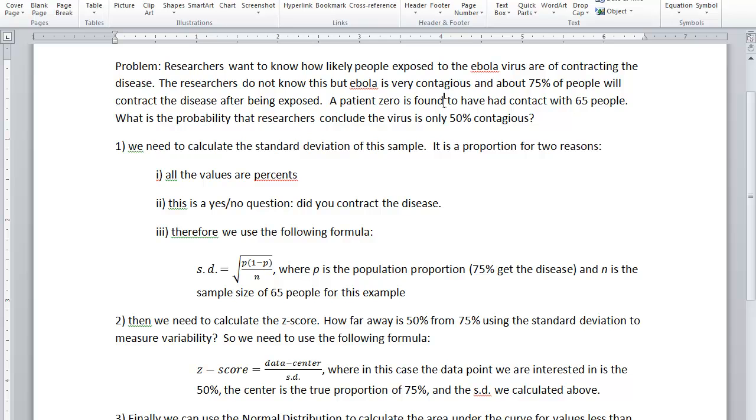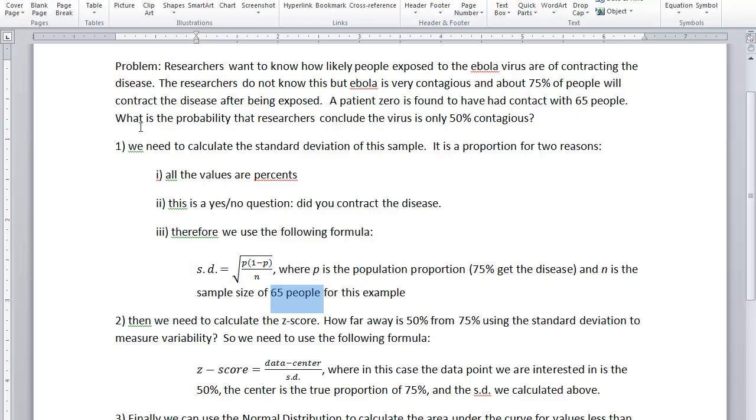And so he is found to have had contact with 65 people. All right, so he contacted some people and they contacted some people. And so the researchers think there's 65 people altogether. So the 65 people is my sample size. Alright, so my sample size for this particular problem is the 65 people.